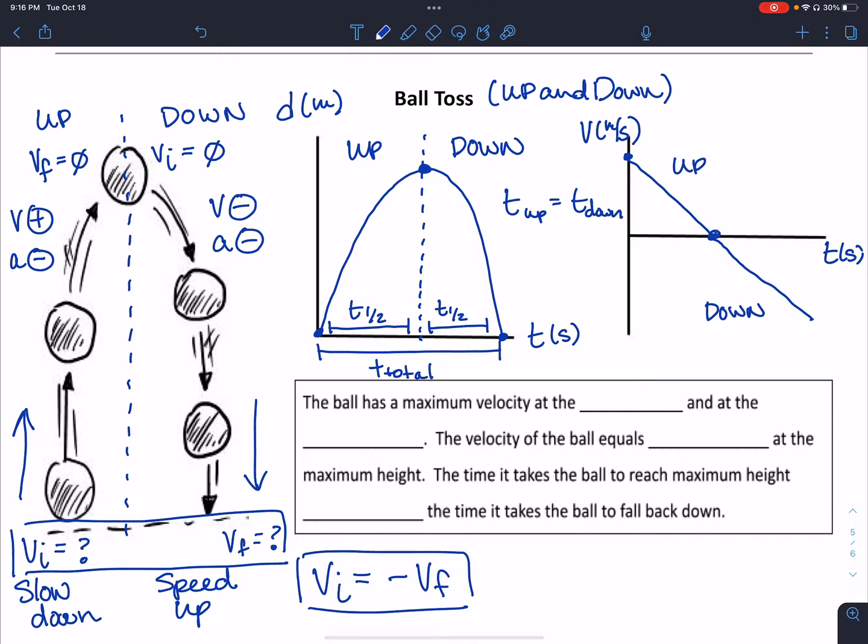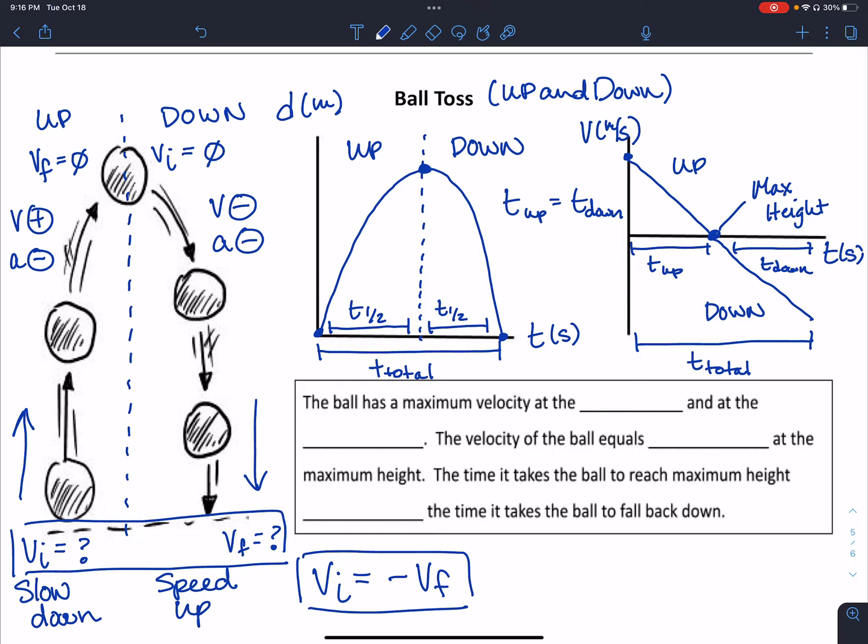Maximum height occurs at that directional change where we go across the zero line. Again, this is the total time it takes for the action, and each portion, the up and the down, should be equal to each other and half of the total time.